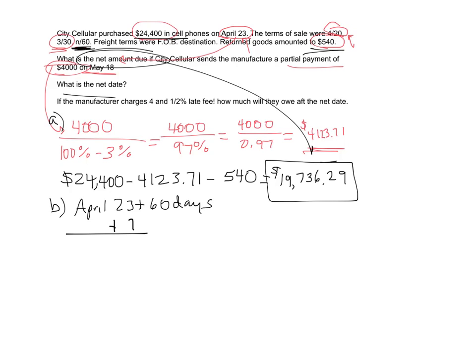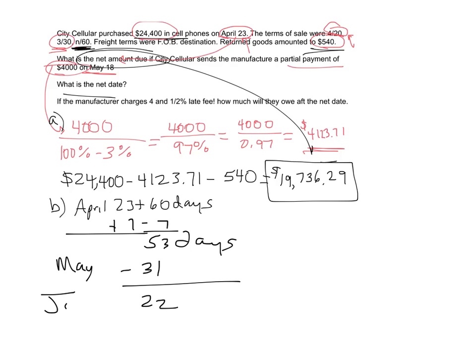Okay, so in other words, I added 7. That gives me 53 days. The month of May has 31 days. So I subtract 53 minus 31. That gives me 22 days, or June 22nd would be the net date.